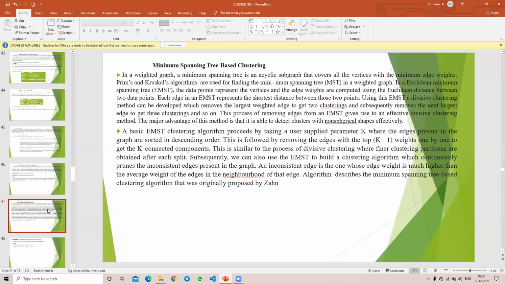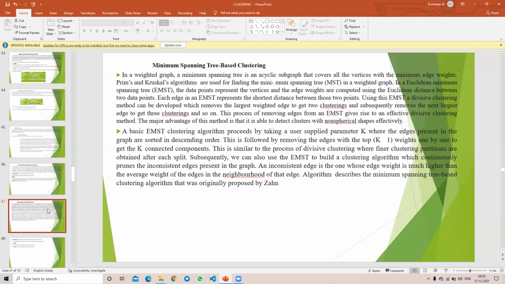In a Euclidean minimum spanning tree, EMST, the data points represent the vertices and the edge weights are computed using the Euclidean distance between two data points. Each edge in an EMST represents the shortest distance between those two points.